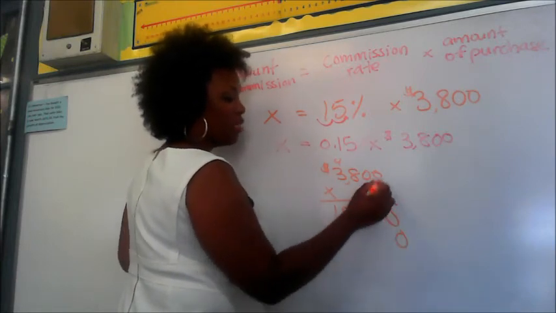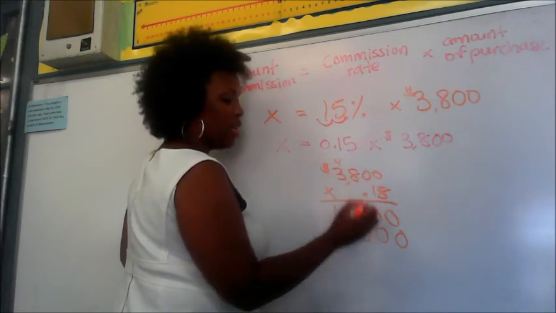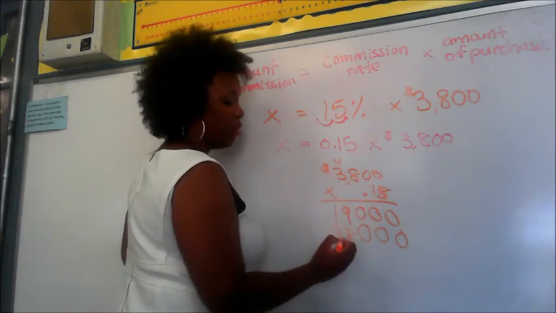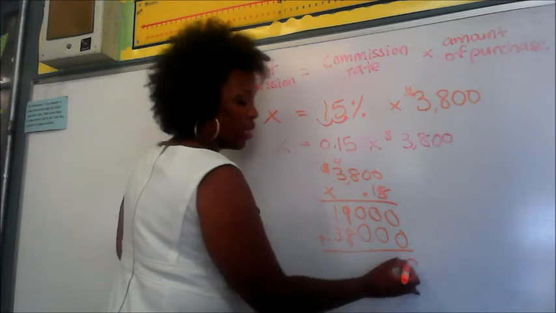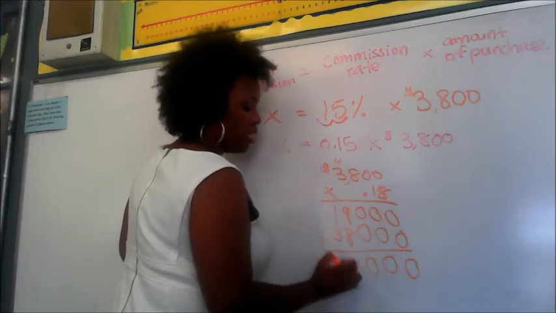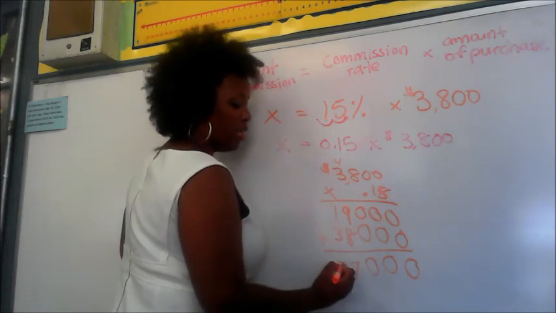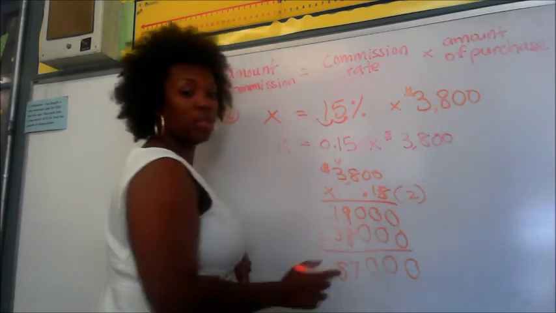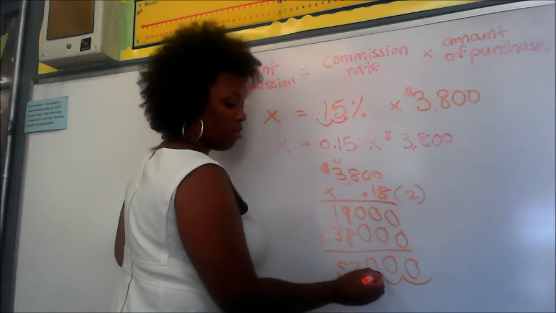XO, 0 times 1 is 0, 0 times 1 is 0 again, 8 times 1 is 8, and 3 times 1 is 3. Add these two products together, you get 0, 0, 0, 17, 3 plus 1 is 4, plus another 1 is 5. I remember that I was multiplying decimals. There are 2 numbers behind the decimal.